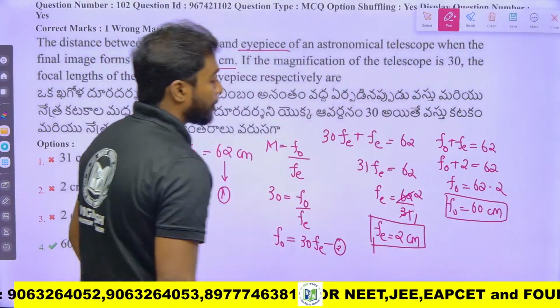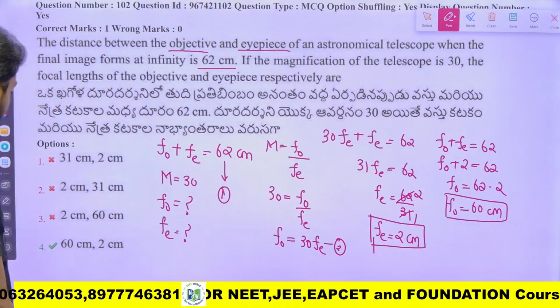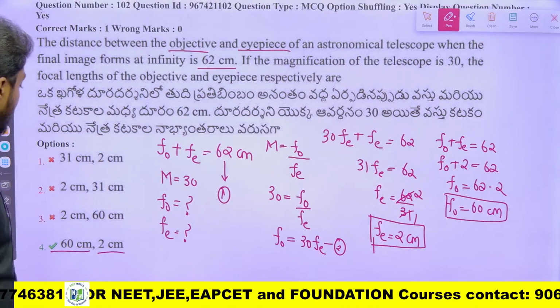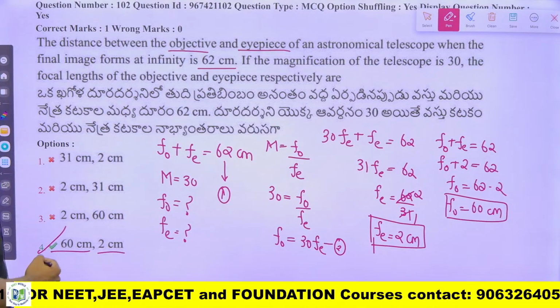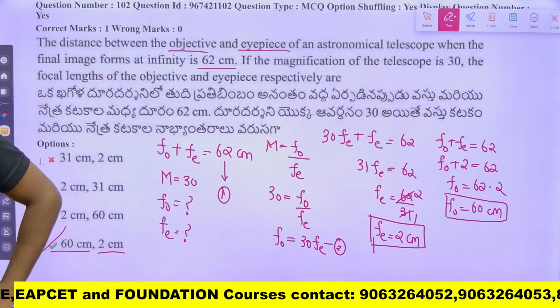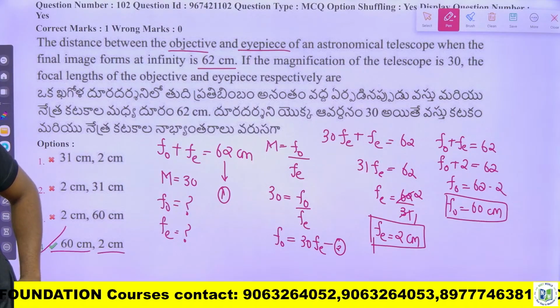So I got both the focal length of objective as well as focal length of eyepiece, which are 60 and 2 centimeter. Okay, this is about question number 102. You can take a note of this. We go for the next question.